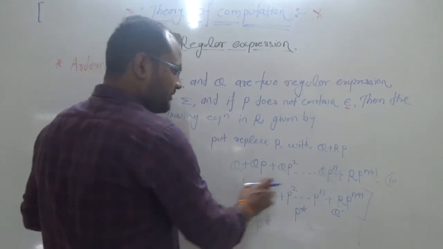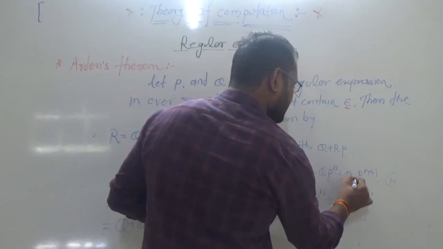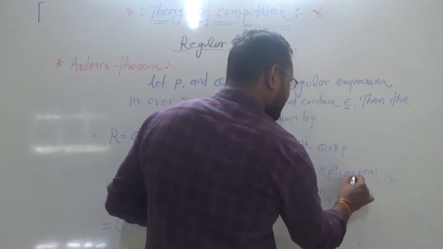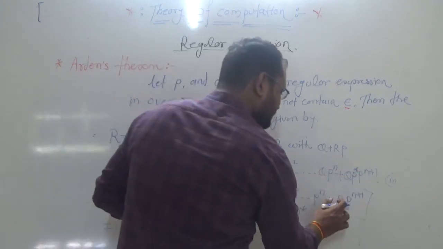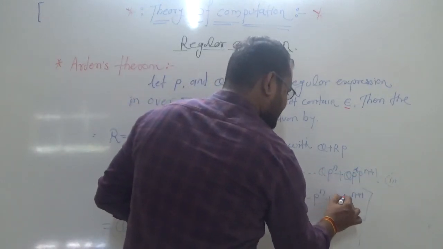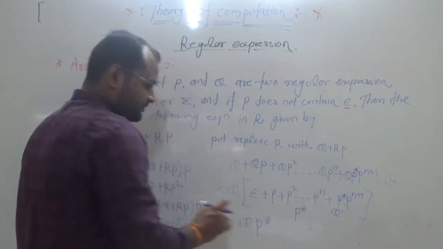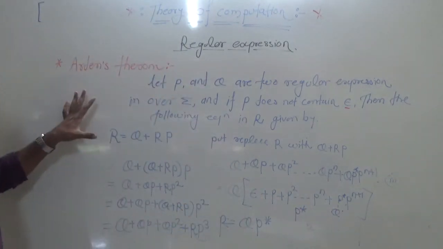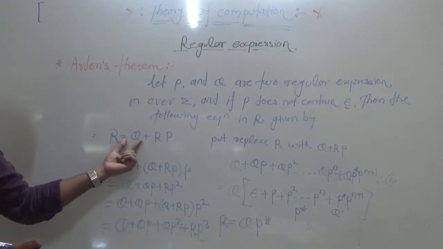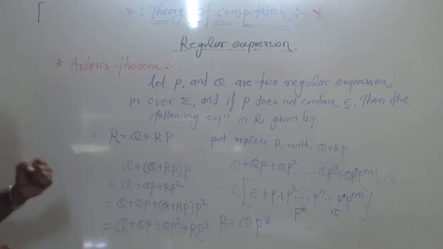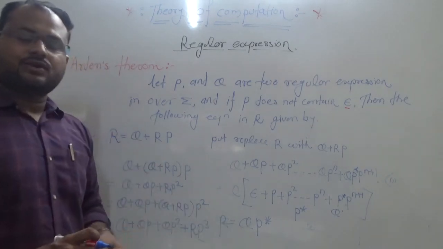For getting Q as a common factor, this R is not common, so we put R = QP*. So Q is common, with P*P plus the remaining term. Now this is the complete equation, and we get QP*. So whenever we get R = Q + RP in our expression, we directly replace it with R = QP*.